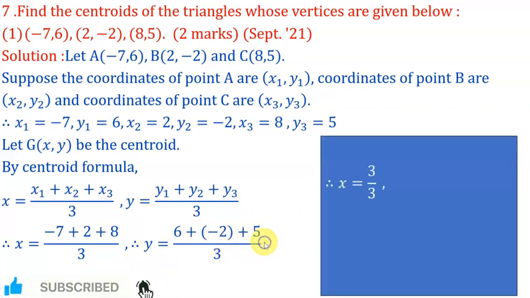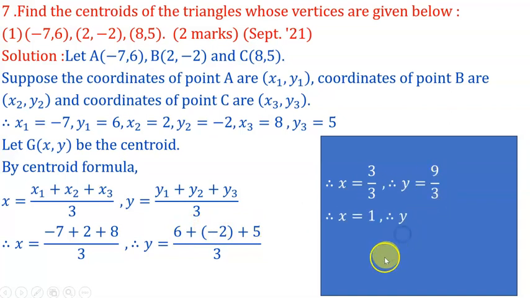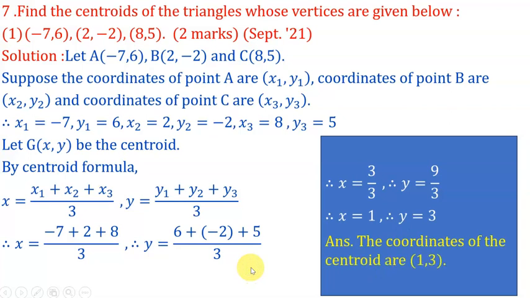After simplification, -7 plus 2 means -5, plus 8 means 3, 3 upon 3, you will get x is equal to 1. And next, 6 minus 2 is 4, 4 plus 5 is 9, 9 upon 3, you will get y is equal to 3. Therefore the coordinates of centroid are (1, 3).